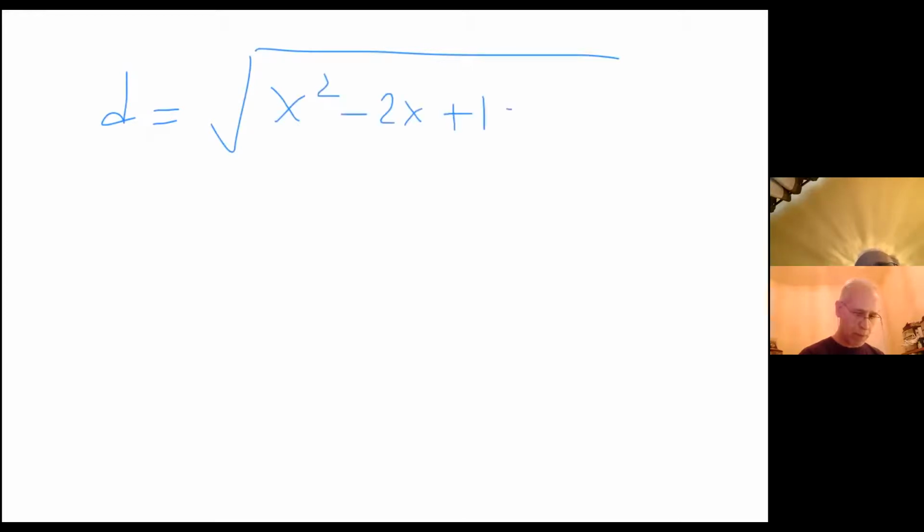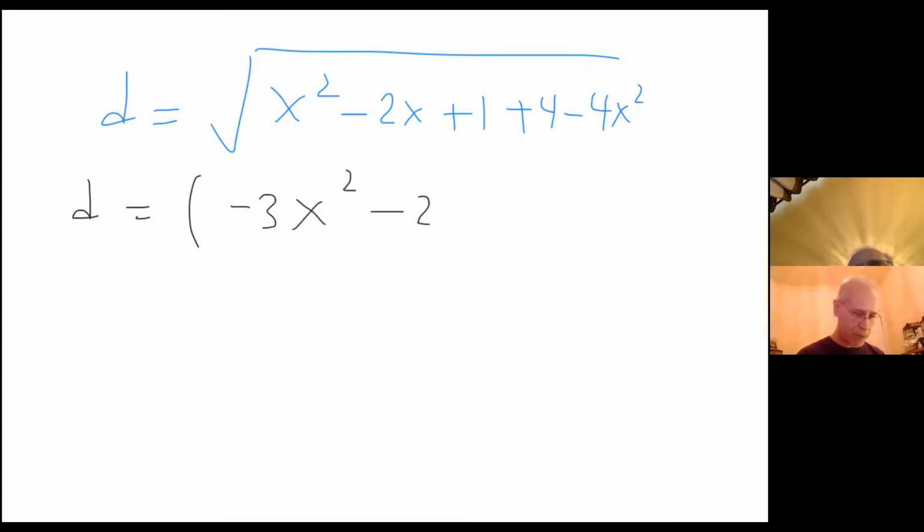So I have distance d equals the square root of x squared minus 2x plus 1 plus 4 minus 4x squared. I can simplify this: x squared minus 4x squared gives me negative 3x squared.